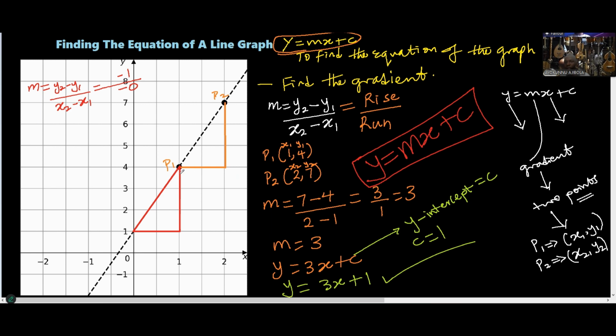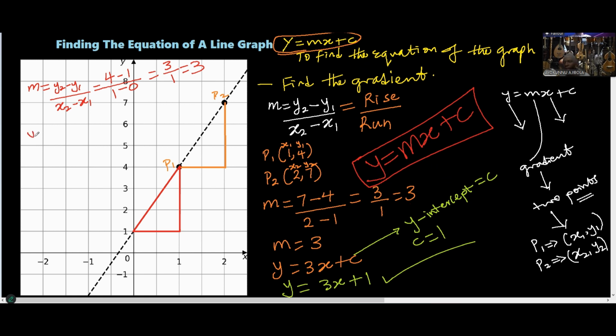Then what are the coordinates of this point? 1 comma 4. So this is going to be 4 and this is going to be 1. So 4 minus 1 is 3, 1 minus 0 is 1. And the answer is still 3, which is the same 3 we arrived at here, okay?